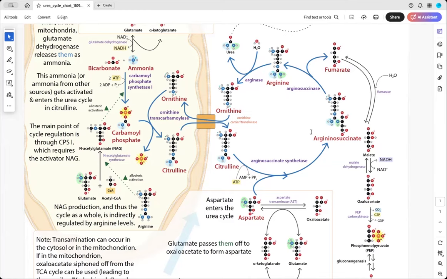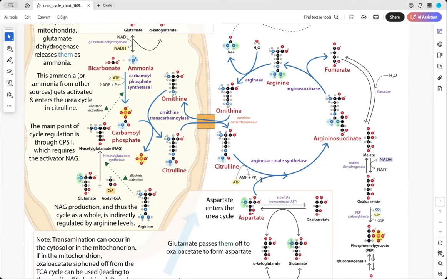Instead of transferring the amino group like we've done from place to place, we're going to stick this whole aspartate onto this end of citrulline, in the place where this carbonyl is. And this gives us arginosuccinate.